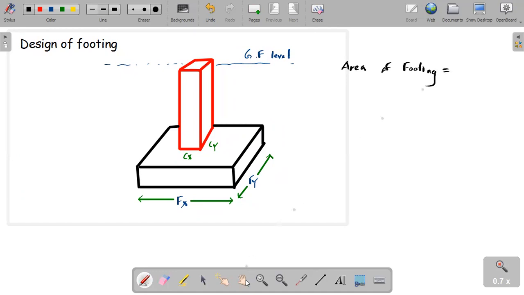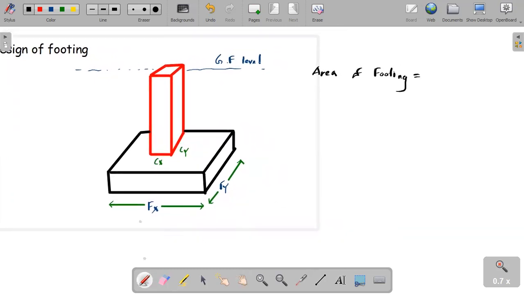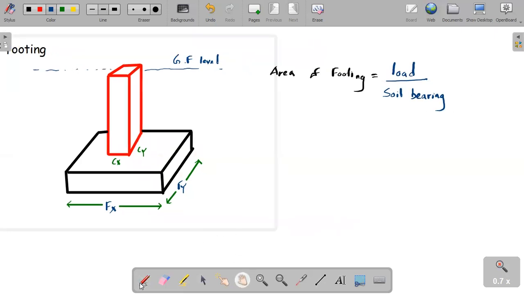Area of the footing should be equal to load over soil bearing capacity.